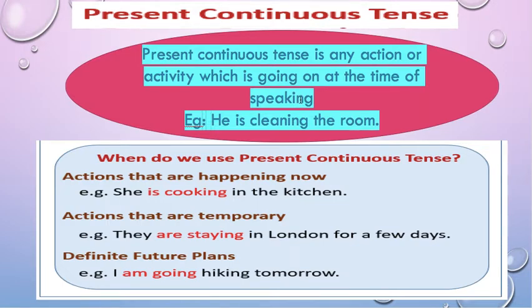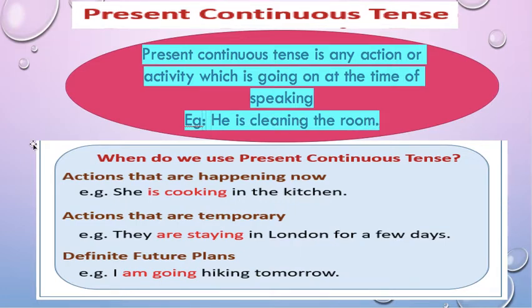Example, he is cleaning the room. Present continuous tense always contains subject, be form, verb plus ing, plus object.